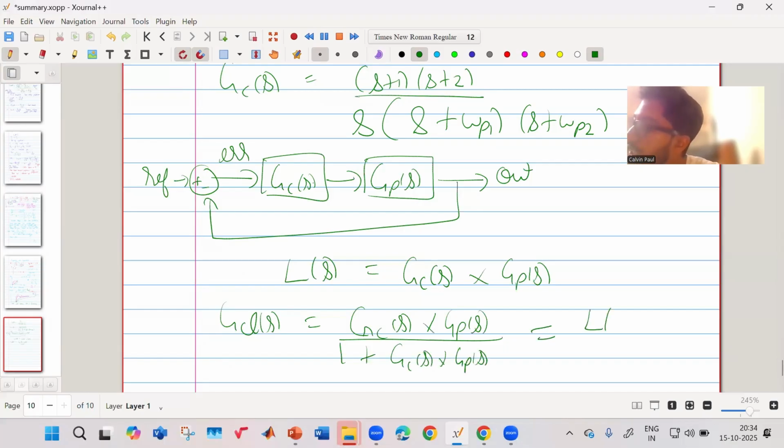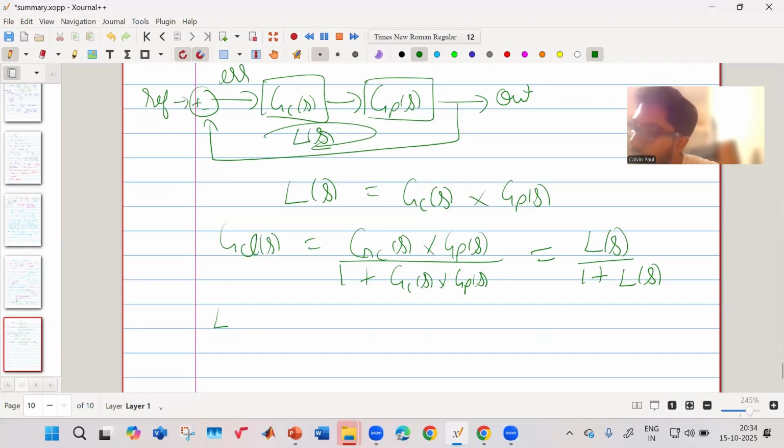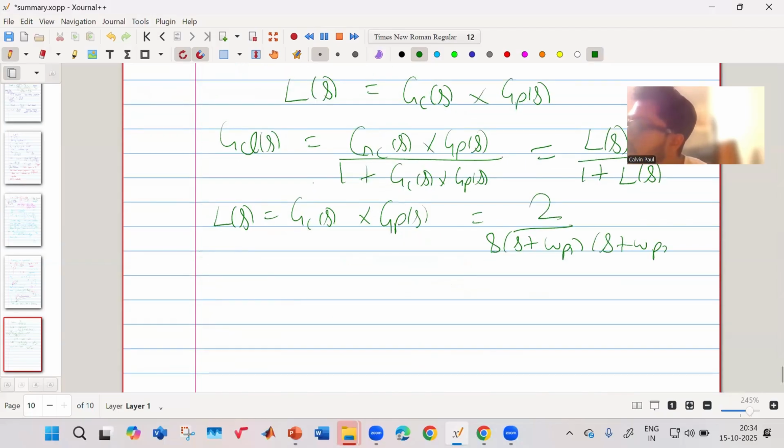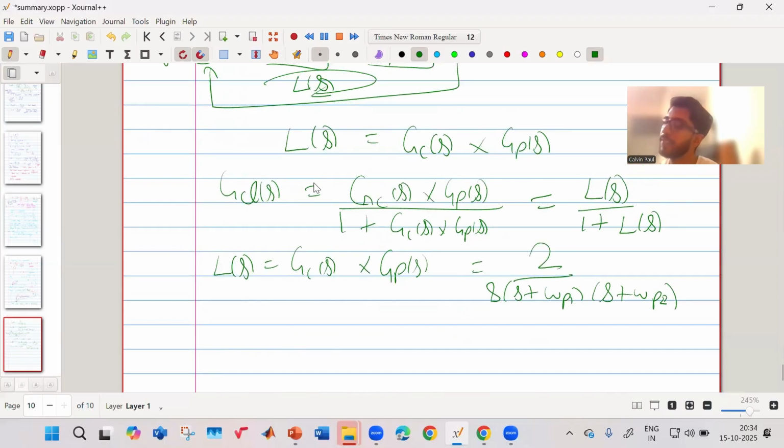So that is equal to your loop L(s) upon 1 plus L(s). Now, L(s) is equal to Gc(s) into Gp(s), so that is equal to 2 upon (s plus omega p1) into s into (s plus omega p2).